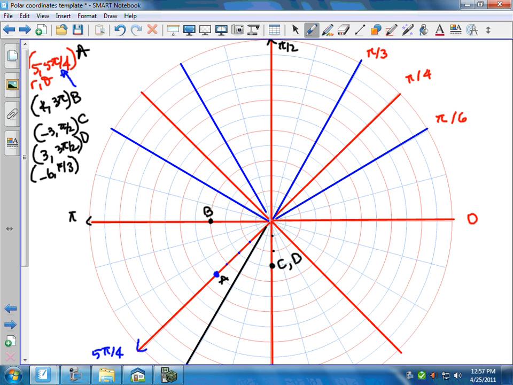You would want to go 6 units in that direction of pi over 3. Again, these radial lines start at the origin and go away from the origin. But because of the negative, we're going to go in the opposite direction once again, 6 units. This line that I drew in black is completely opposite of that pi over 3 angle. So go on that line, 6 units. We're going to end up right here. This is your point given in E.